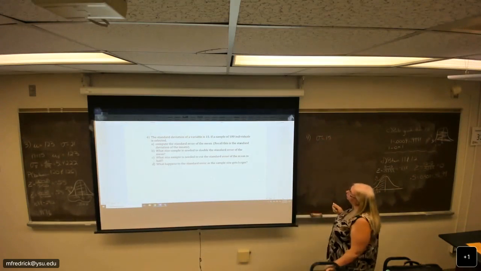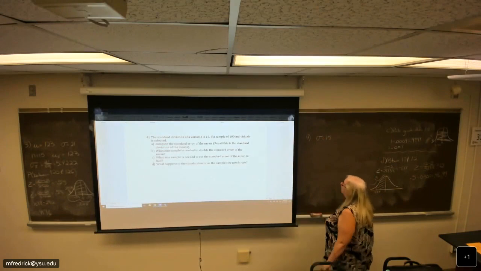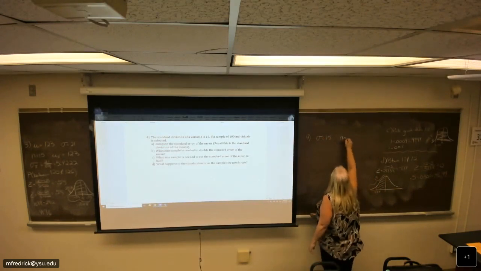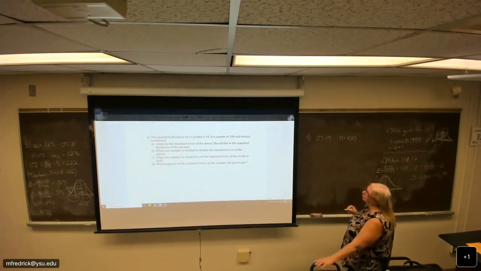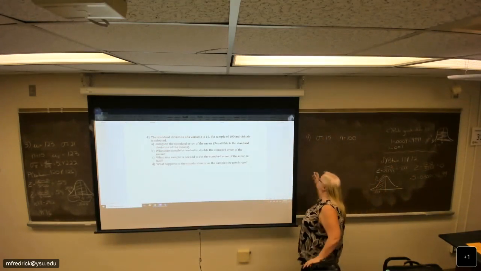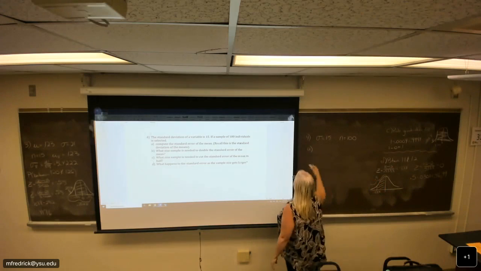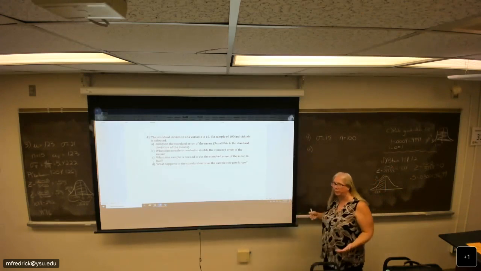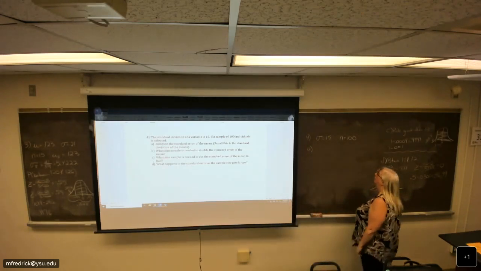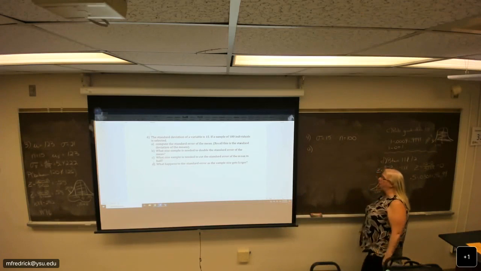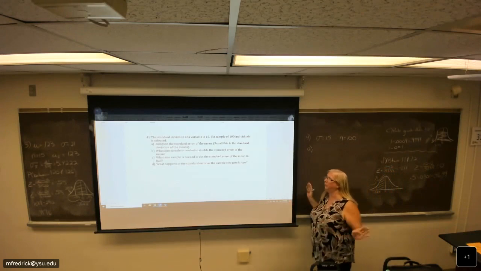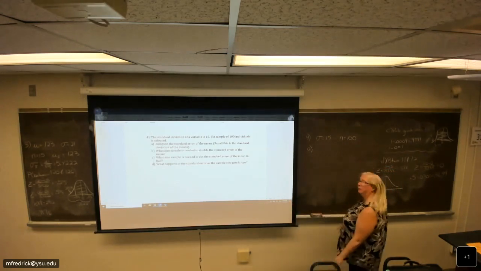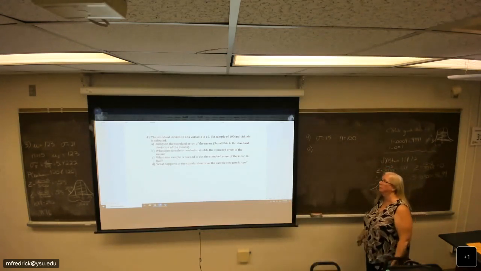If a sample of 100 individuals is selected, compute the standard error. Standard error is your standard deviation, and this would be for a sampling because we're taking a sample of 100. Now we're assuming it's normal, and the sample size is large, so it doesn't have to be.